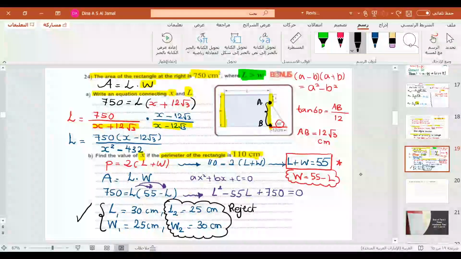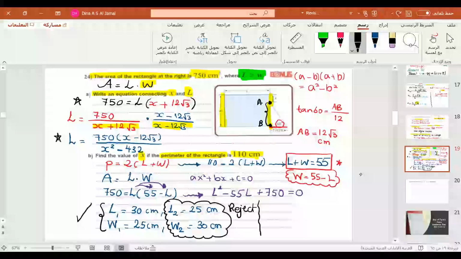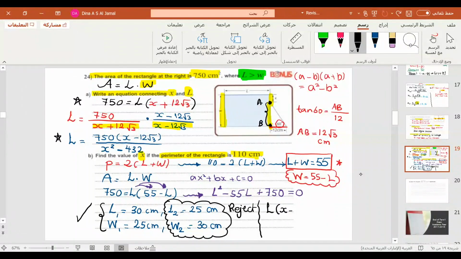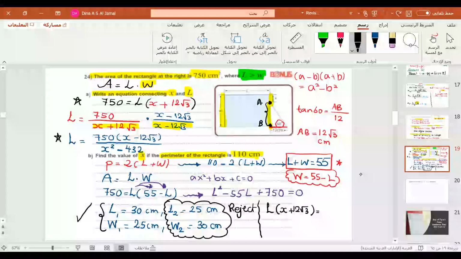Now, lastly, I found L and W. I should substitute to find X. So I can use the function above, either this one or this one, to find X. So let me find X with you. So L here, let me use this one, X plus 12 square root of 3 will be equal to 750.